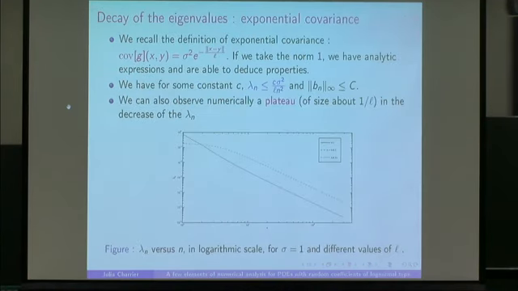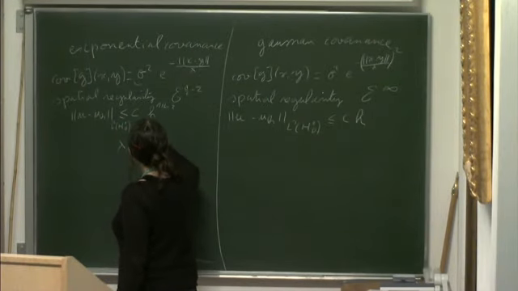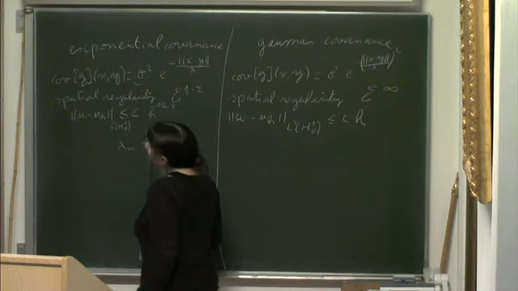Coming back to my two favorite examples, the main idea is: the smoother the covariance is, the faster the eigenvalues decay. In this case, the eigenvalues decay like 1/n squared.